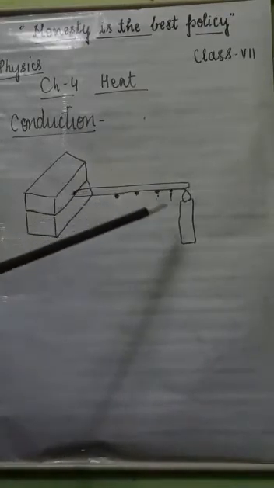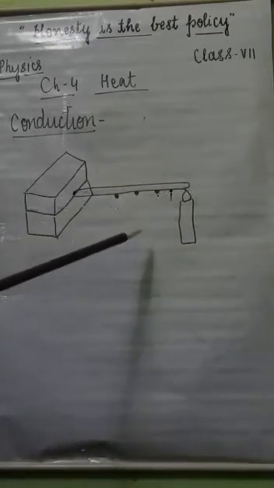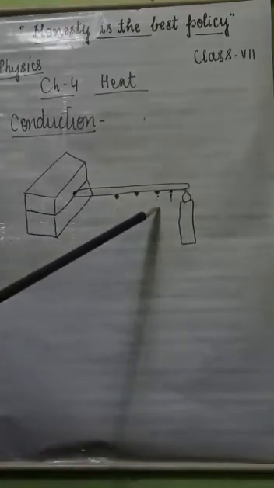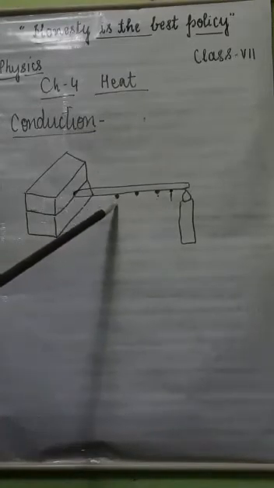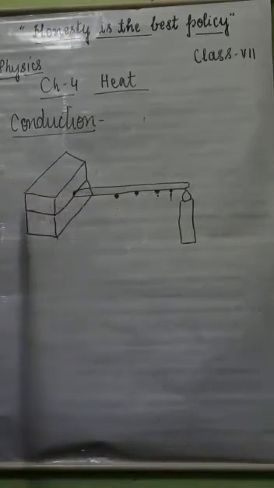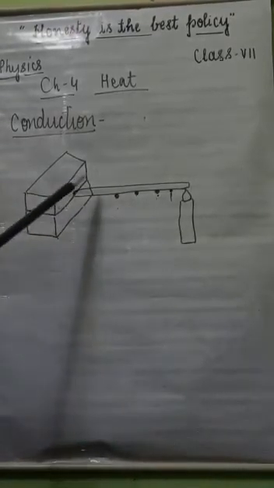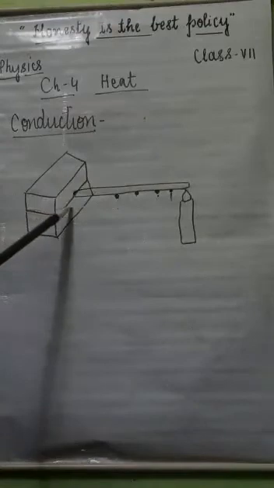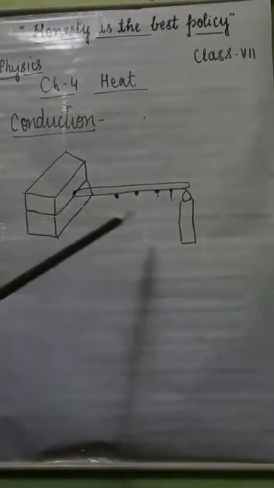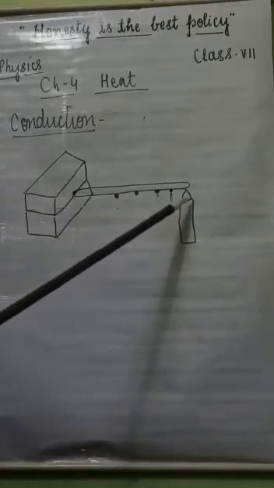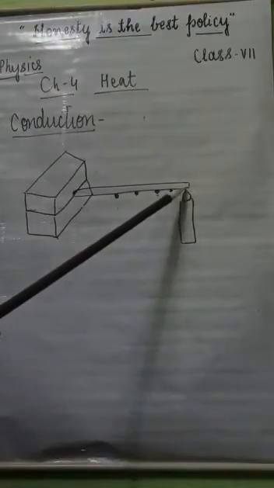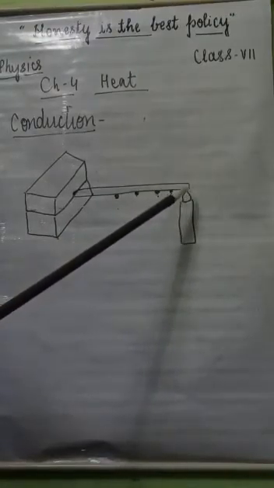Fix a small amount of wax at different places, at equal distances, and fix this rod between two bricks, or you can use any stand. And here is a burning candle, which transfers heat from the flame to this rod.